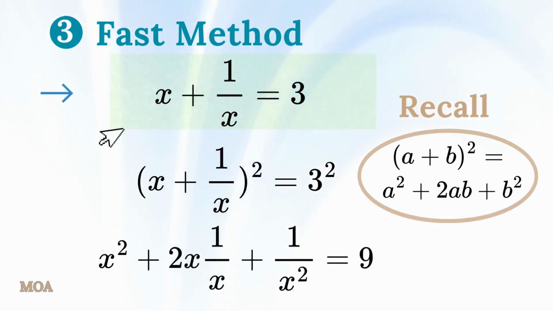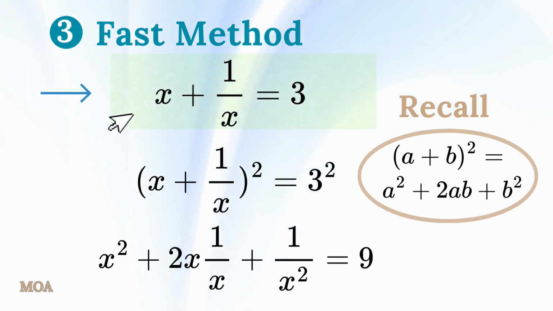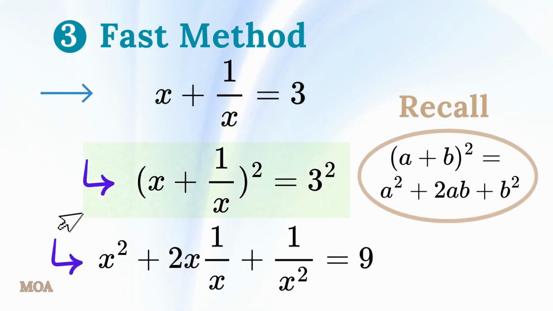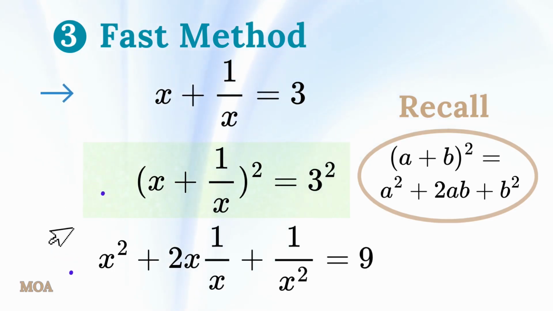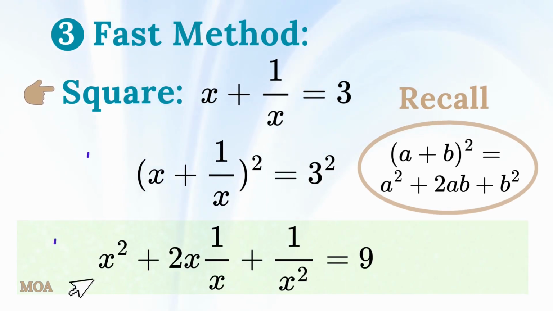First, we square both sides of the equation x plus 1 over x equals 3. Namely, we write the quantity x plus 1 over x, all squared, equals 3 squared. This yields x squared plus 2 times x times 1 over x plus 1 over x squared equals 3 times 3, which equals 9.